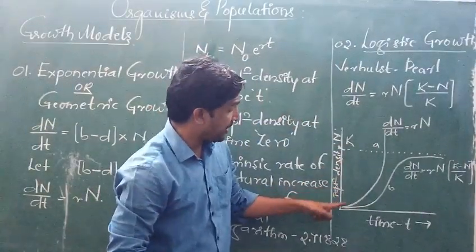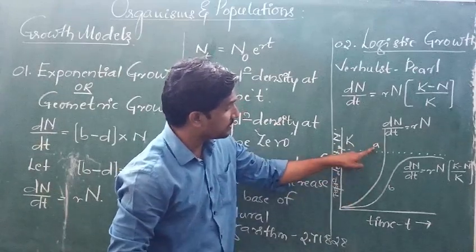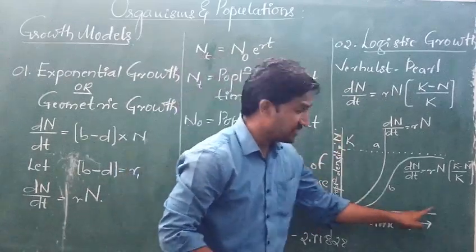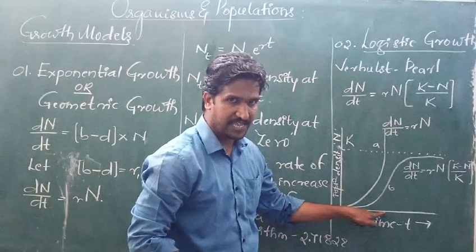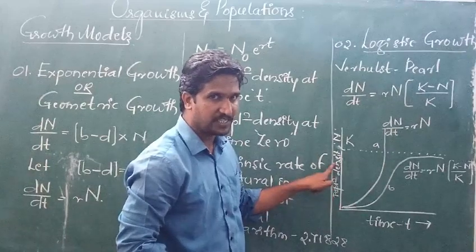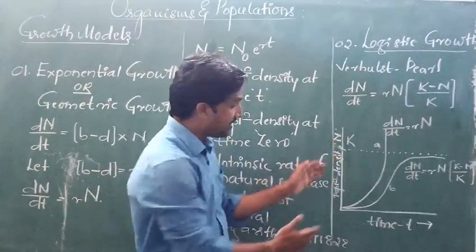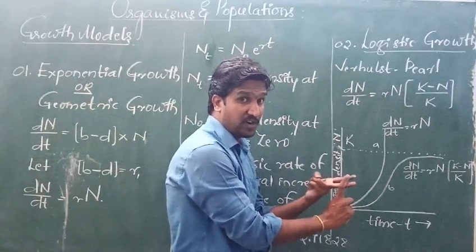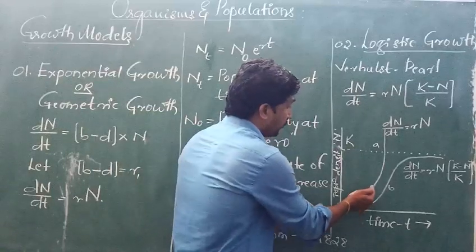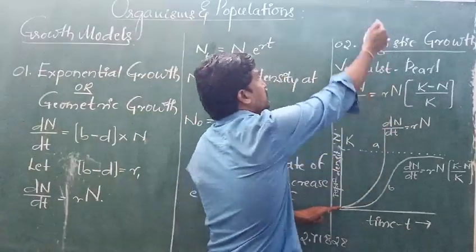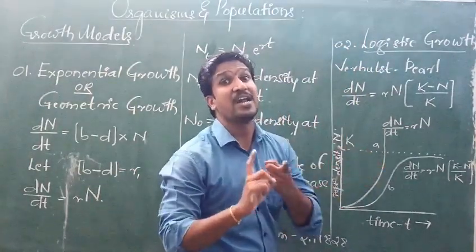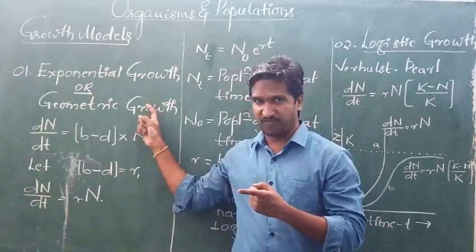That is denoted by curve A. The x-axis denotes the time t, and the y-axis denotes the population density, capital N. Natural resources like temperature, water, light, food are unlimited, so the population will go on growing. It never stops, because the resource is unlimited.